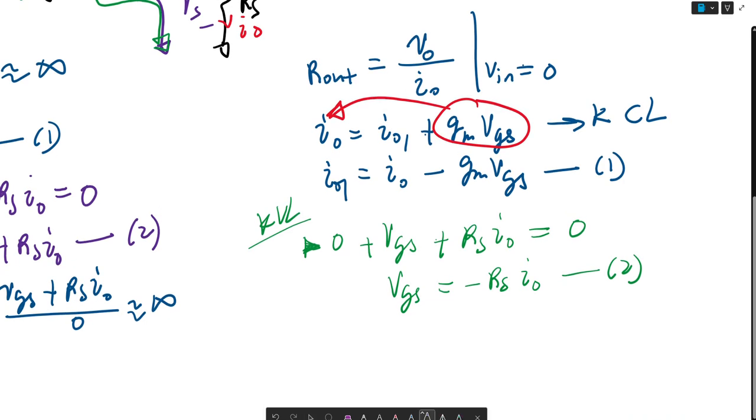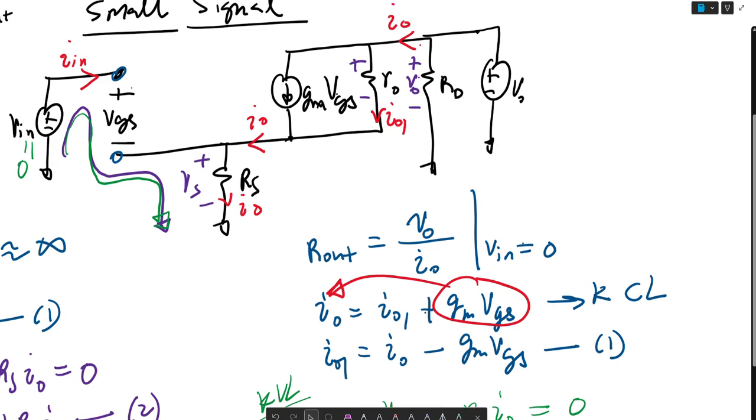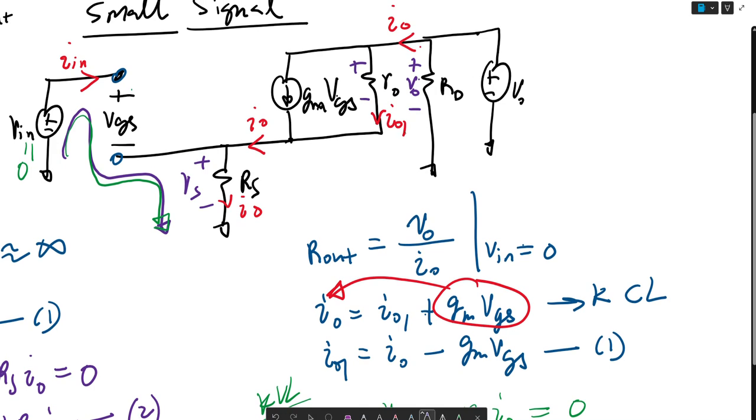And then now let's do a third equation, which is going to be this loop right here. I'll go ahead and use blue. So imagine this loop here going to ground.